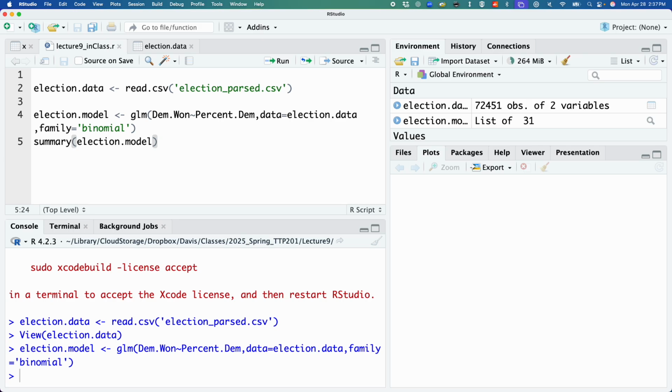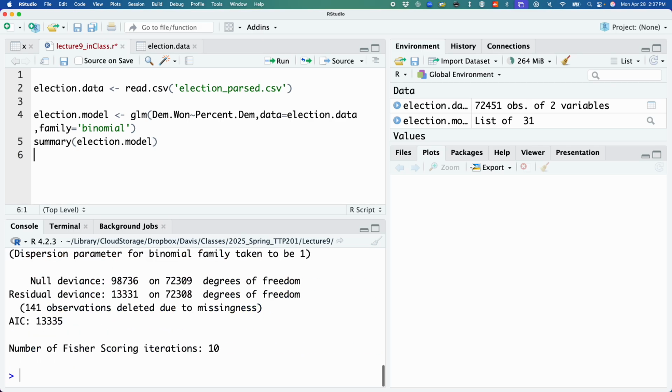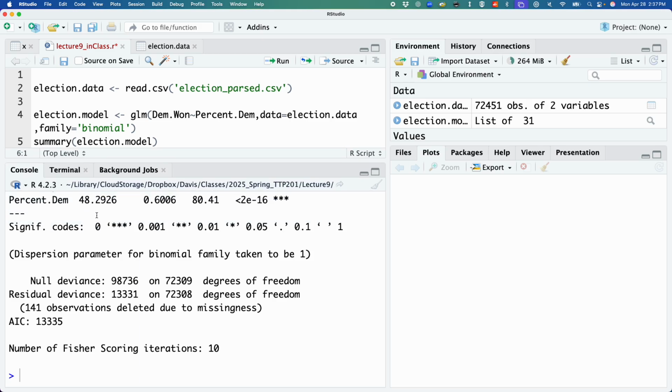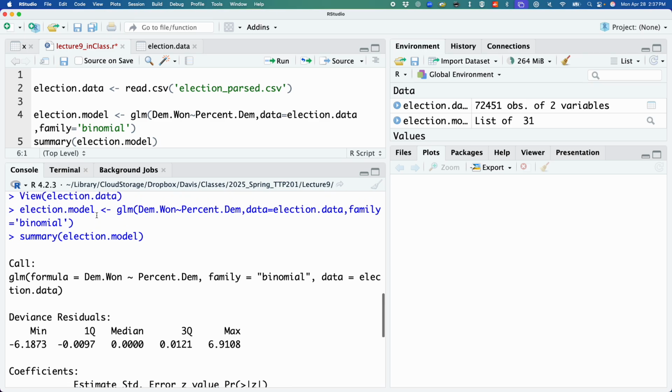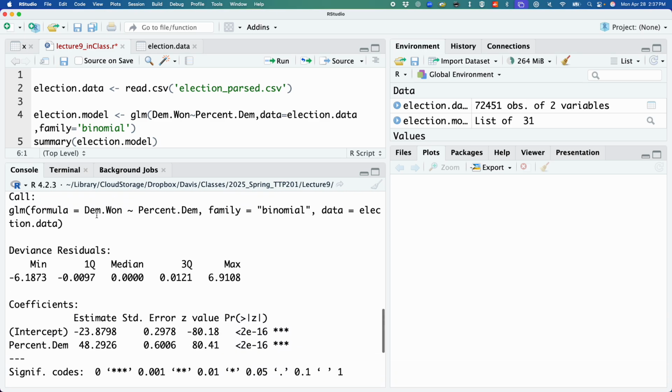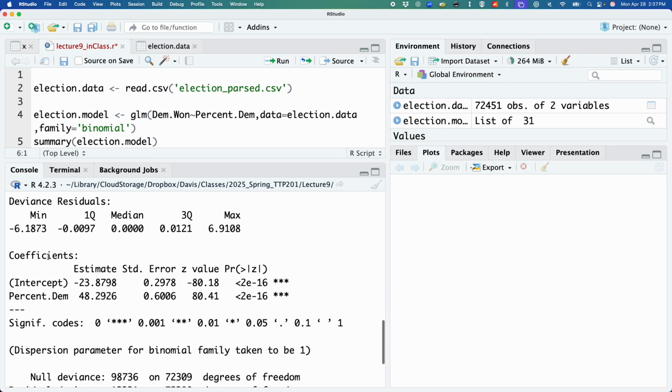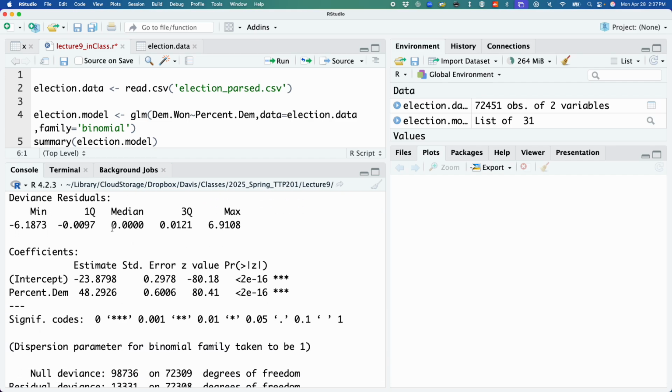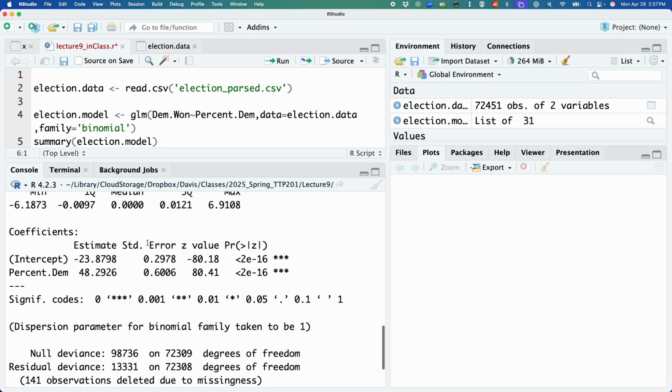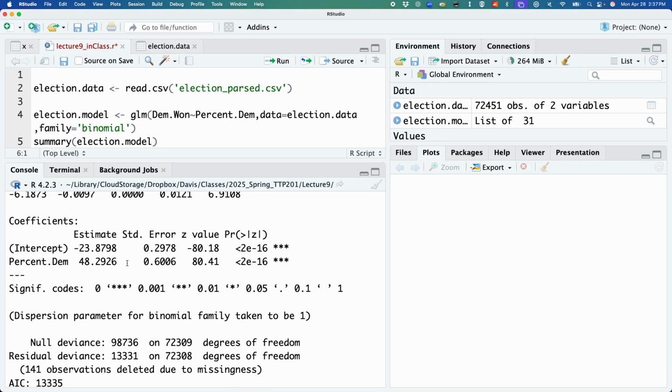All right, so we can run a summary of the model. We've got a couple of new things to look at here. Just like before, the summary tells us our formula. We have some residual information here, and then we have our coefficients with our standard errors.